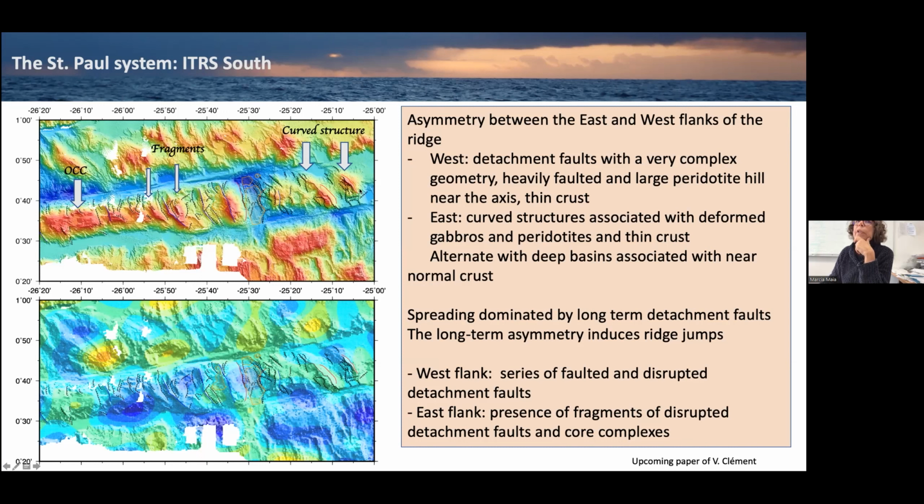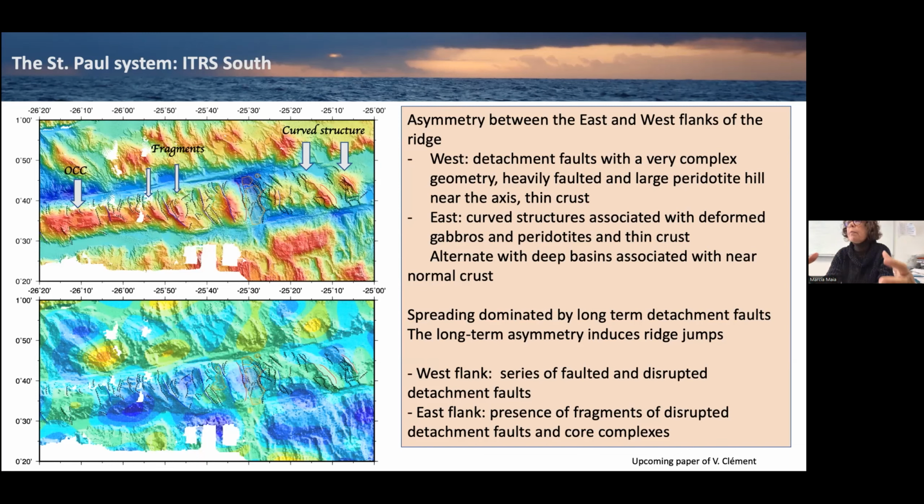And this particular geometry is related to a series of ridge jumps that broke the detachment surfaces in two fragments, leaving part of the terminations on one flank of the ridge and the rest of the OCC on the other flank of the ridge. So this means that we had a long-term functioning in the segment that is related to detachment.